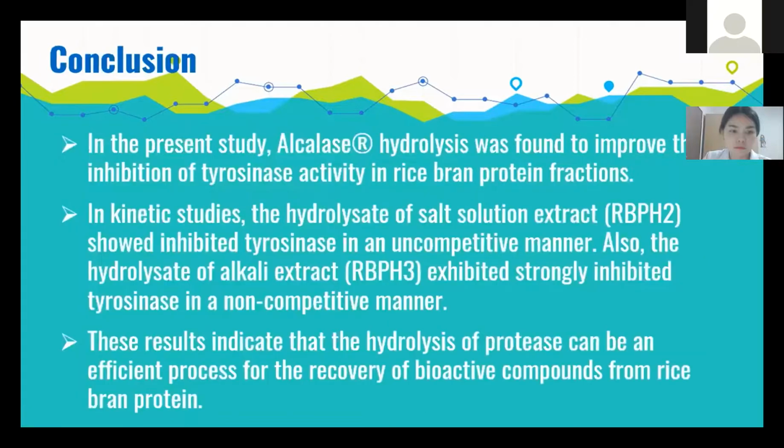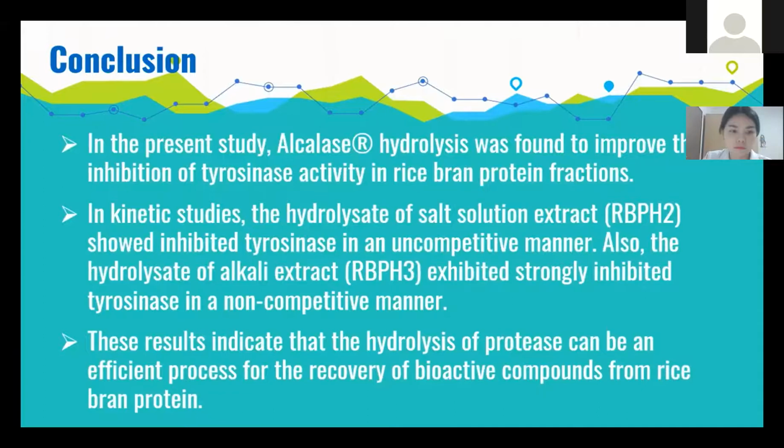For the conclusion, in this study, the alcalase enzyme hydrolysis was found to improve the inhibition of tyrosinase activity in rice bran protein fractions. For the kinetic study, the hydrolysate of the salt solution extract, RBPH2, inhibited tyrosinase in an uncompetitive manner.